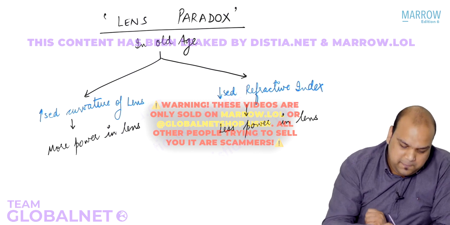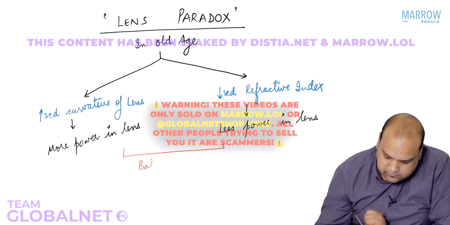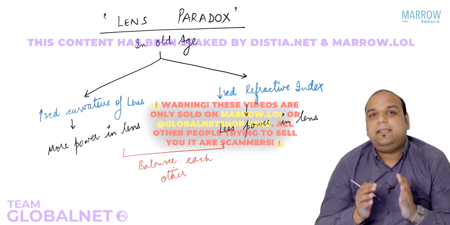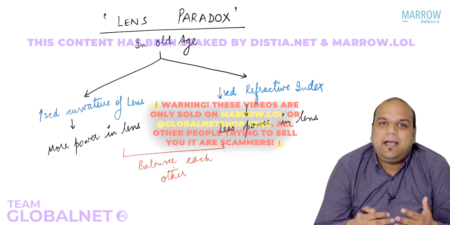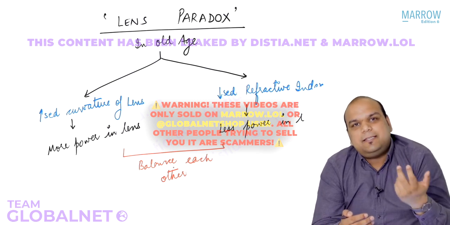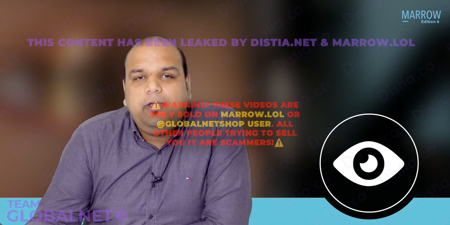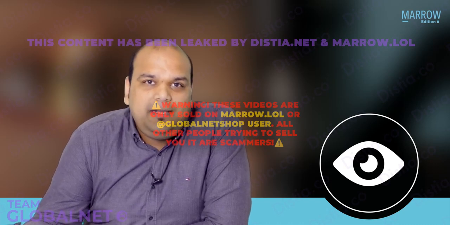Okay? So basically, they balance each other. And that is why there is a net effect of no increase or no decrease. And that is why, because there are two processes which are opposite to each other, this is known as a lens paradox. Continuing in the series of these basic topics in lens, our last topic is metabolism in lens.